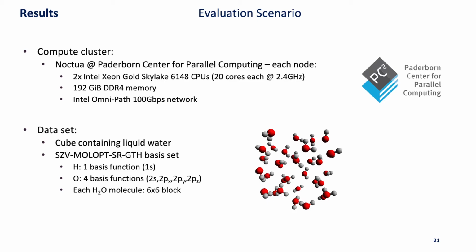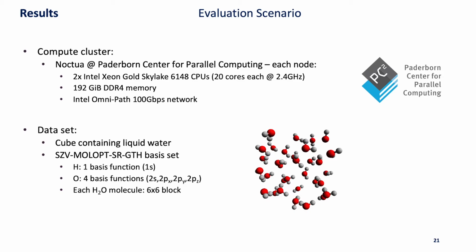Now I want to quickly share our results. So we evaluated our method on the Noctua compute cluster at the Paderborn Center for Parallel Computing, where each node has basically two of these Xeon Skylake CPUs, 20 cores each. So we have 40 cores per node.